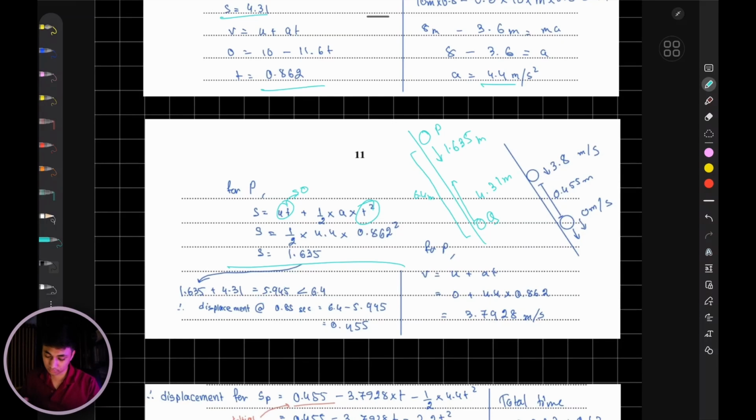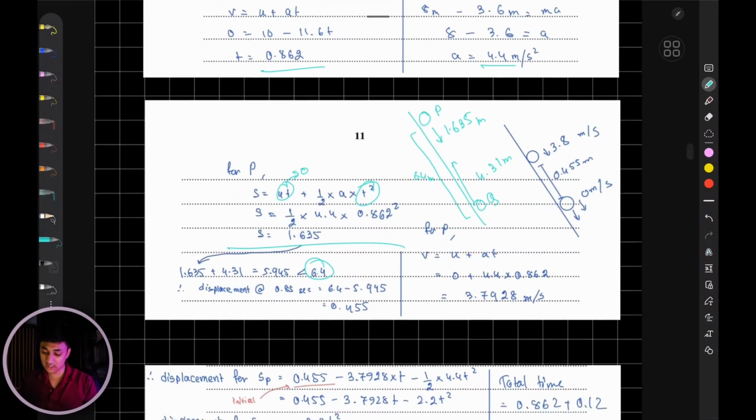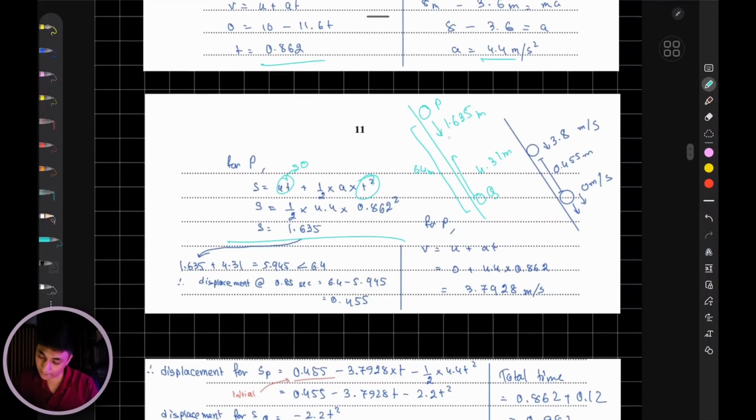So the displacement I know to be 5.945 total displacement, and it should have been 6.4 to come in contact. However, it's not that. Therefore, we're going to find out this gap. I'm going to mark it with red. This gap in between, notice. What is this gap? The gap left by both the particles to come in contact, right?